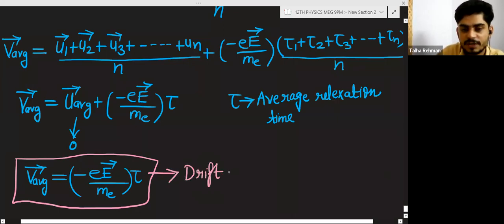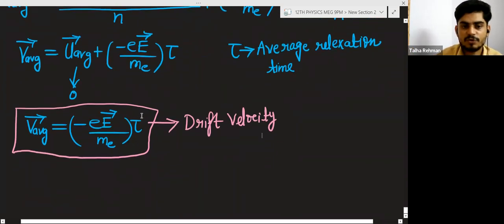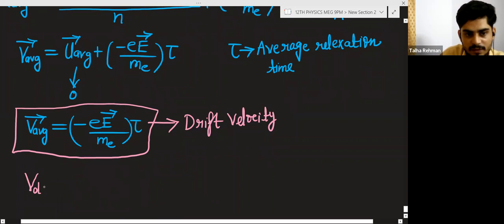This is the expression for drift velocity, the final expression. If I want to write the magnitude, I will represent this V average with V suffix D. Drift velocity, I am just writing the magnitude.